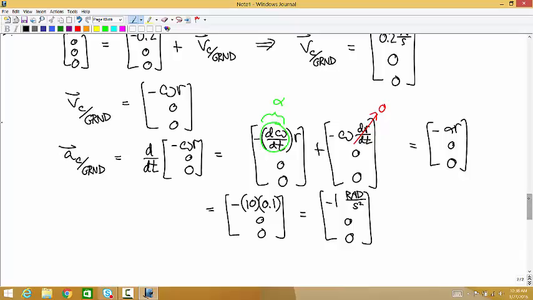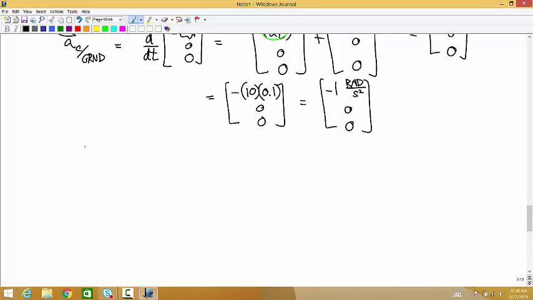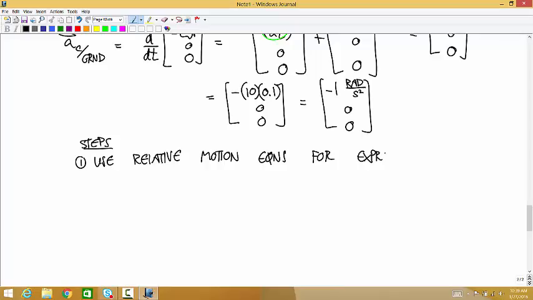Okay, so do it like this. Use relative motion equations for an expression for the velocity of the center relative to the ground.